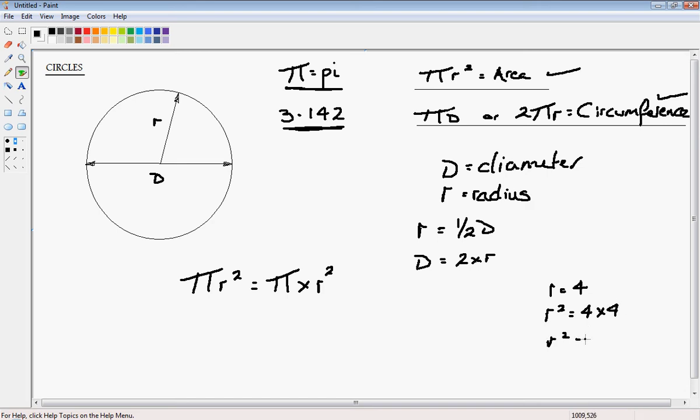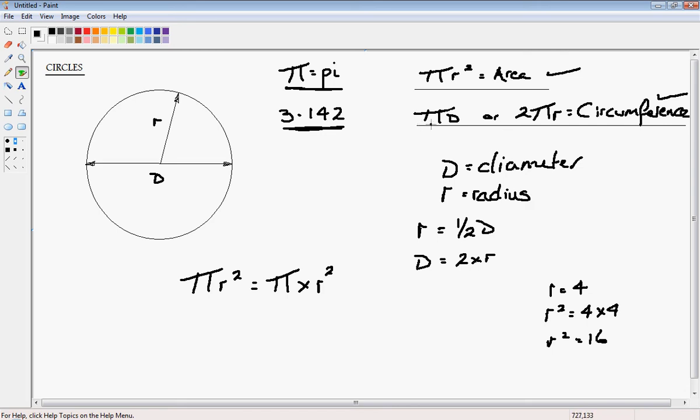Okay, so the radius squared would just be 16. That's all there is to it. What's important is that we square the number first and then multiply by pi, which will be this number, or whichever value they give you from this.